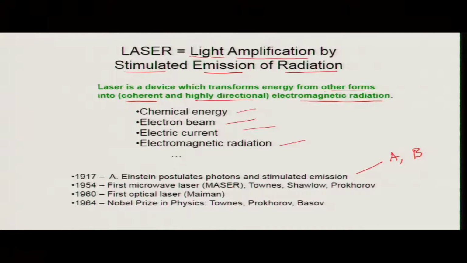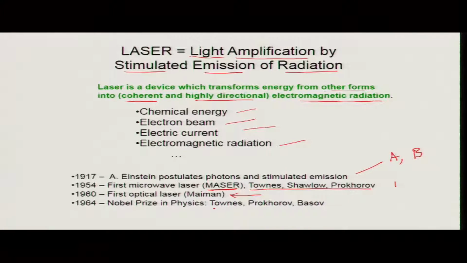The first microwave laser was demonstrated by Townes, Basov and Prokhorov in 1954, and it was called Maser. And in 1960, the first optical maser, at that time it was called optical maser, which eventually became laser, was demonstrated.